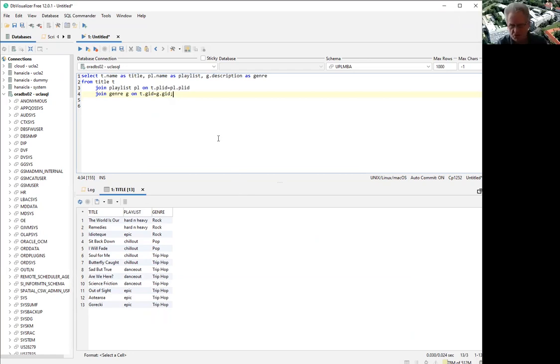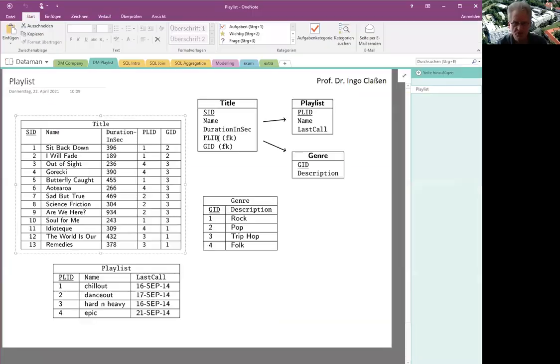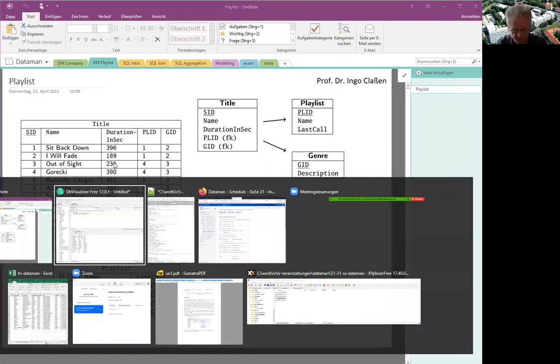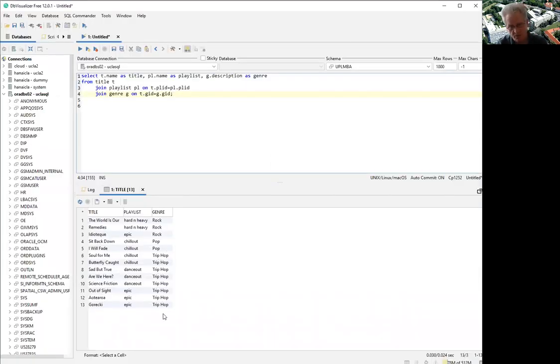We don't have any connection with the fourth genre, epic. Sorry, folk, I mean. Since folk is not connected with any title, you see that folk doesn't appear in the output.